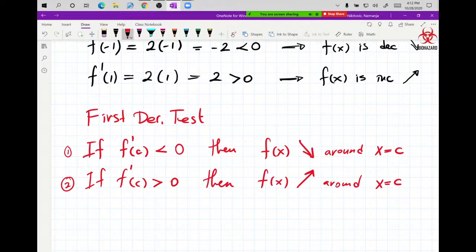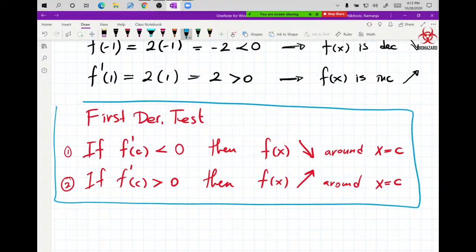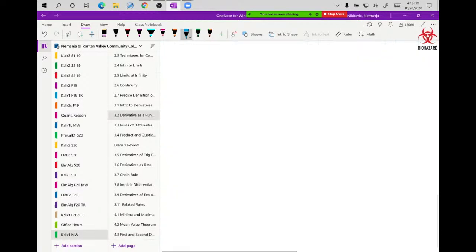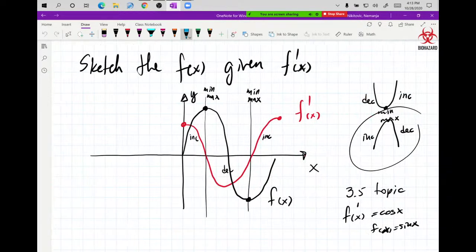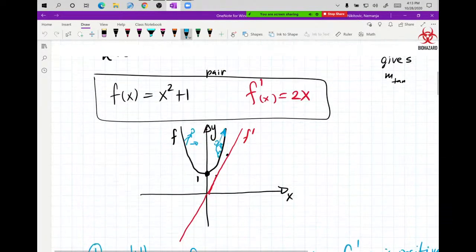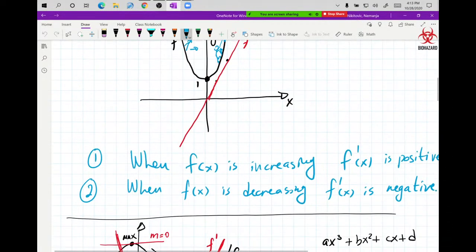Again, we learned this all the way back in 3.2. We never gave it a name, right? We never defined it this way, but we did learn it, and now we're just going to put that in a box. Now I am going to go back into 3.2 and look for it. There you go.